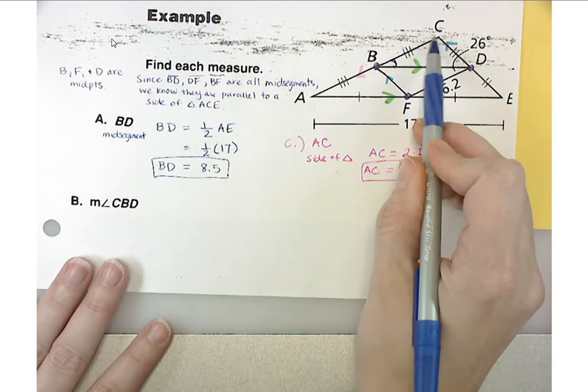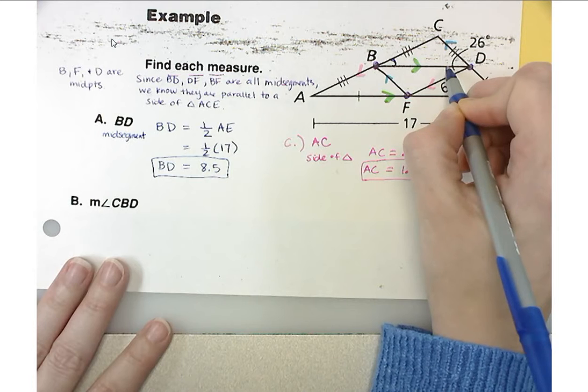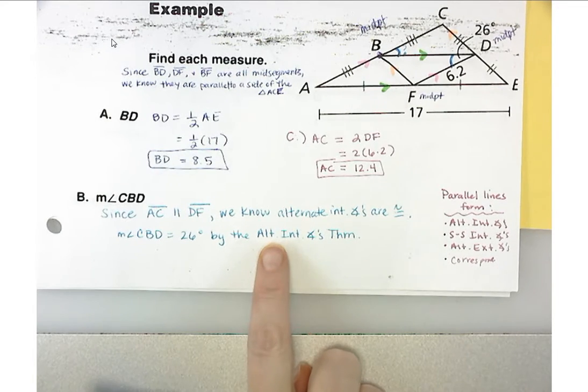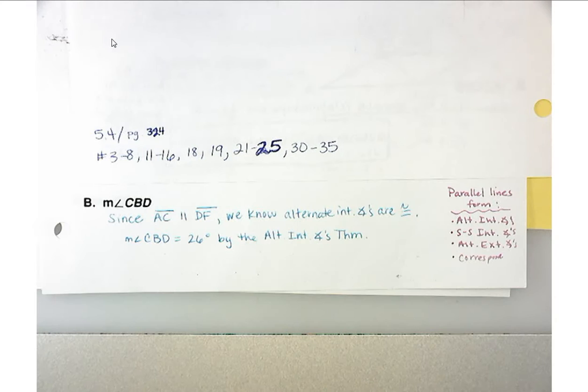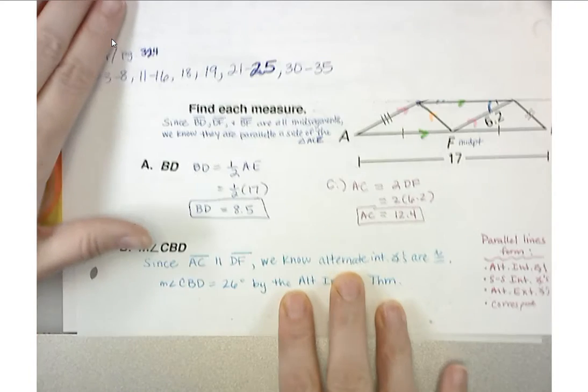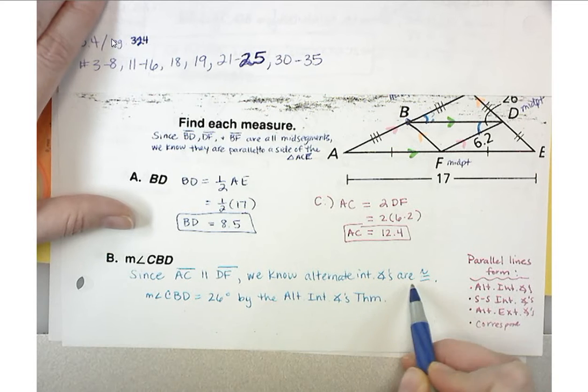So if you're trying to find CBD, CBD is going to be congruent to, yes, because we know that these two lines are parallel, alternate interior angles are formed, and we know they are congruent.